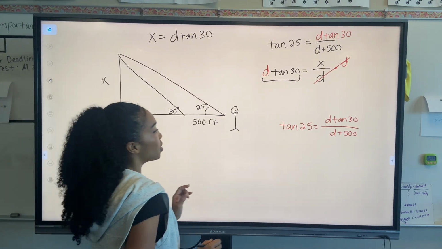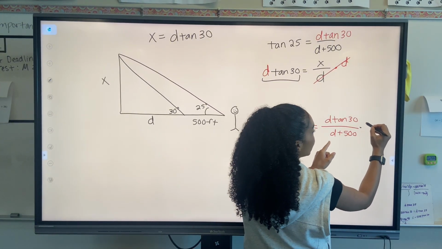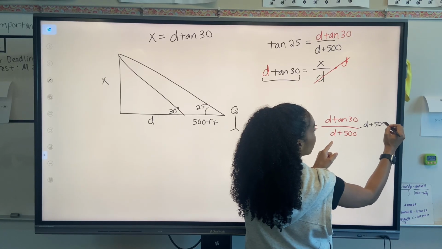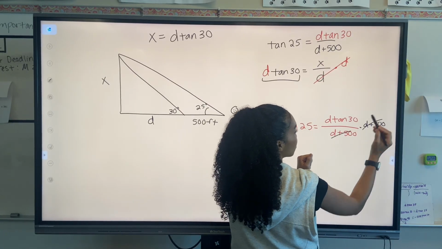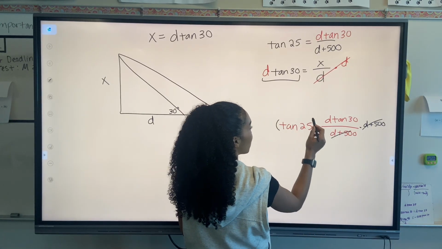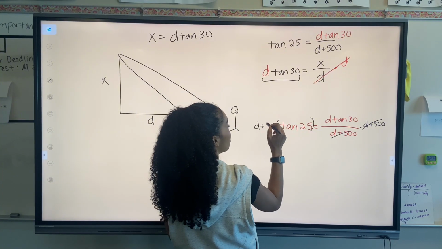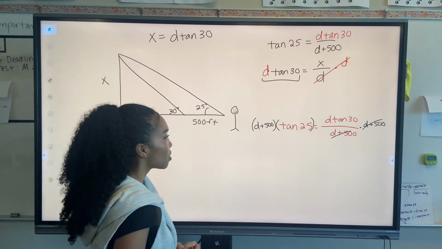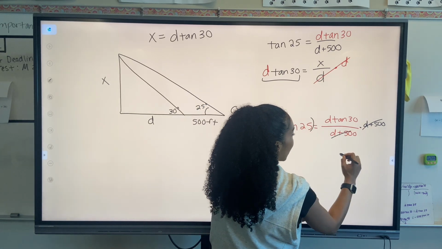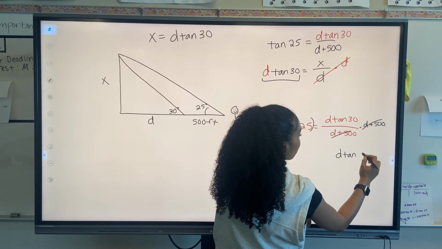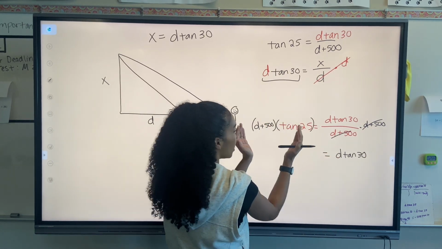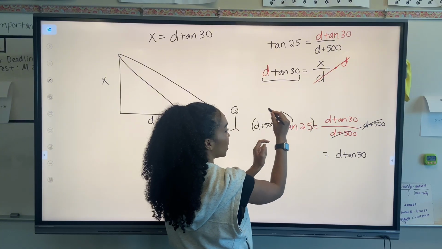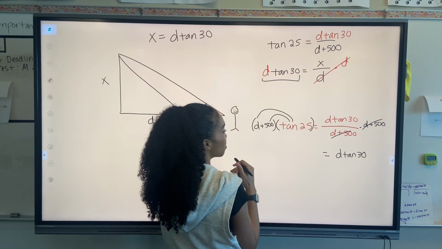I'm going to multiply by d plus 500 so that those cancel out. I'm going to multiply this side also by d plus 500. So on this side, I have d tan 30 equals. Here, I can distribute tan 25 into both of these.